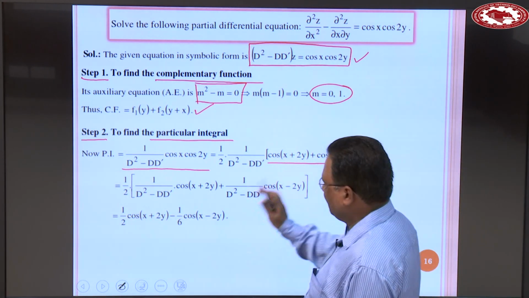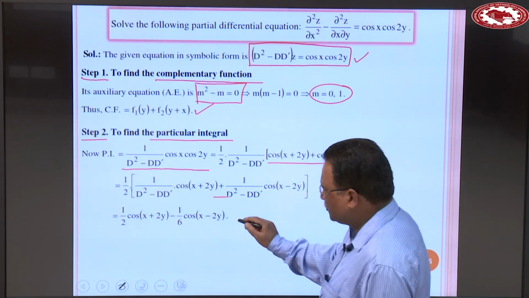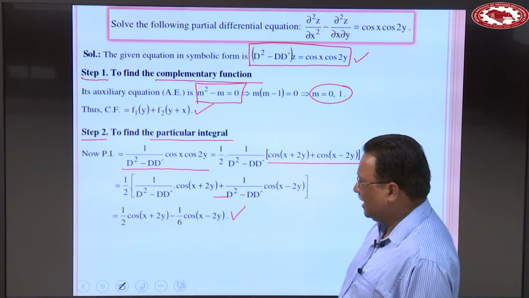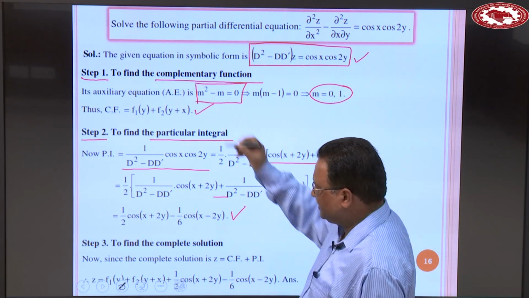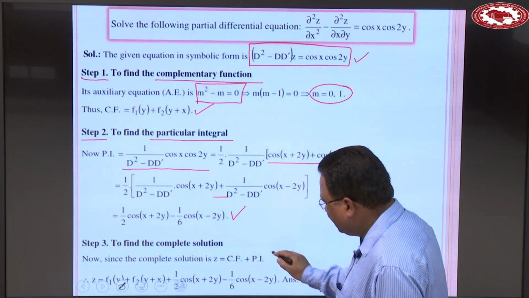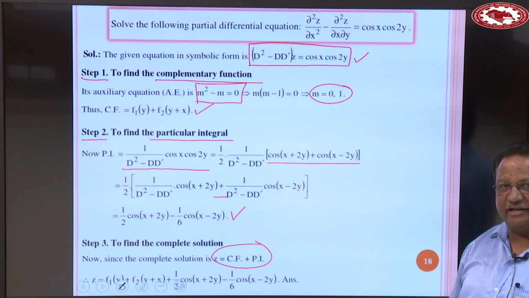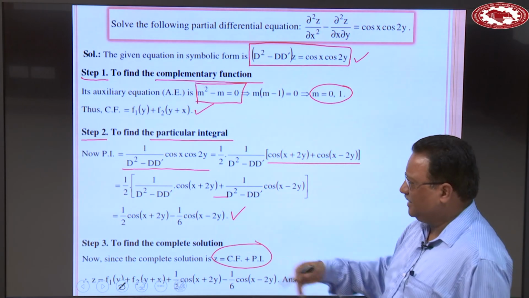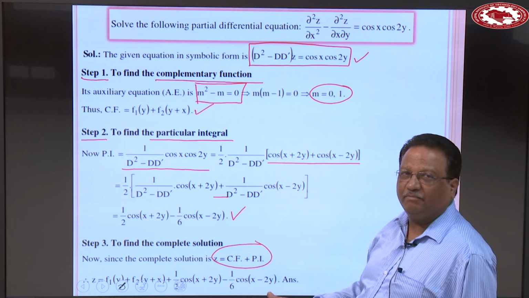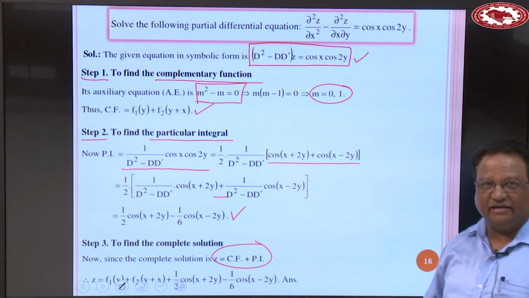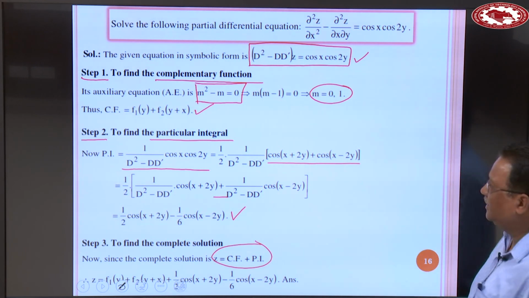Separate all these results and then solve each one. After solving, you will get this. So this one is the complementary function and this one is the particular integral. Then what is the complete solution? The complete solution is the complementary function plus the particular integral. So this plus this is the complete solution of the given partial differential equation, in fact a homogeneous linear partial differential equation.